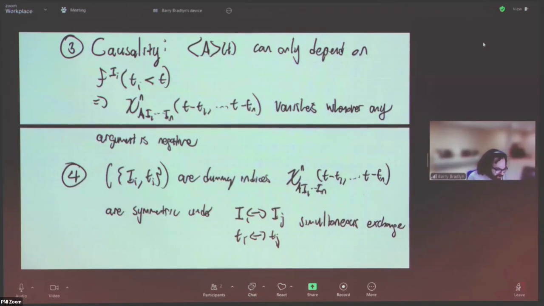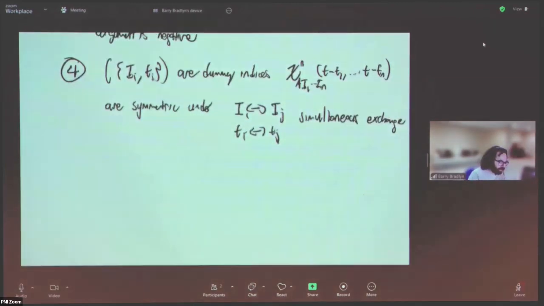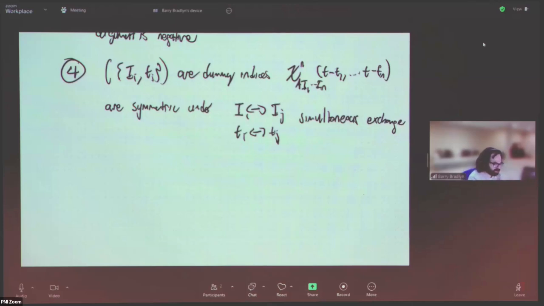Okay, so that is more or less all we can say without sitting down and doing some kind of perturbative calculation. So that means that the natural thing to do next is to see how we can compute one of these response functions.